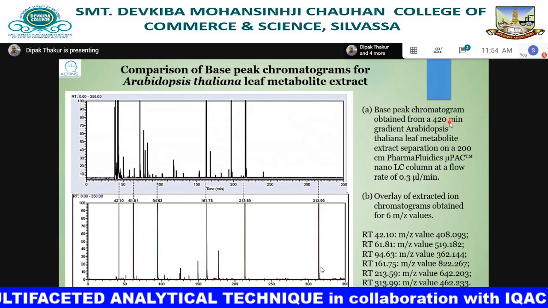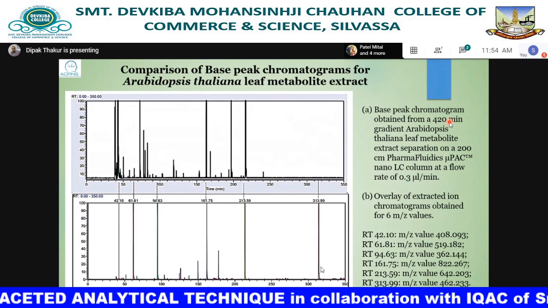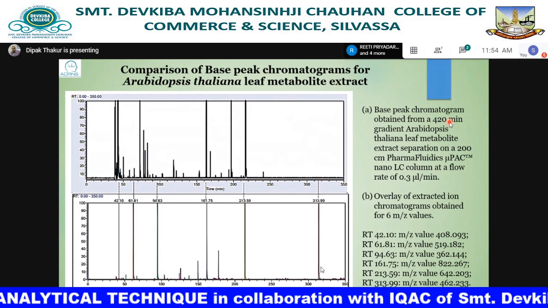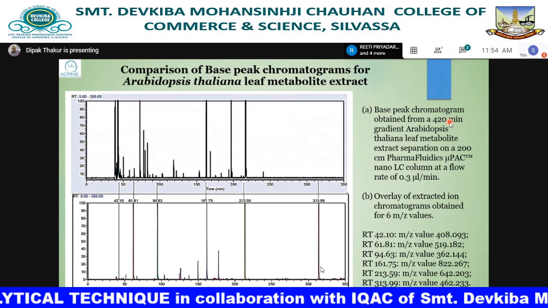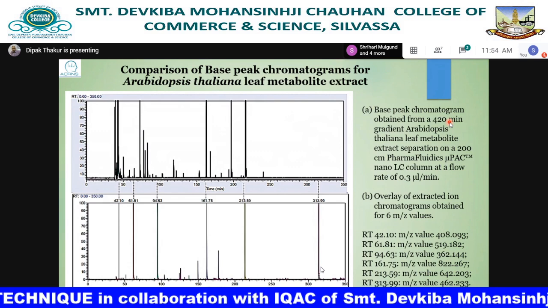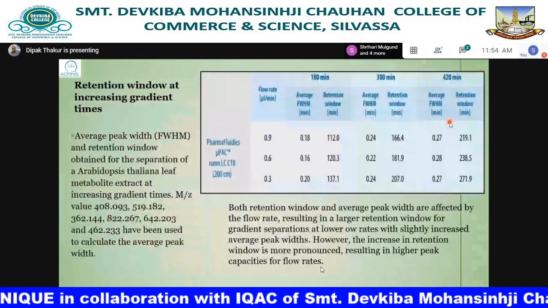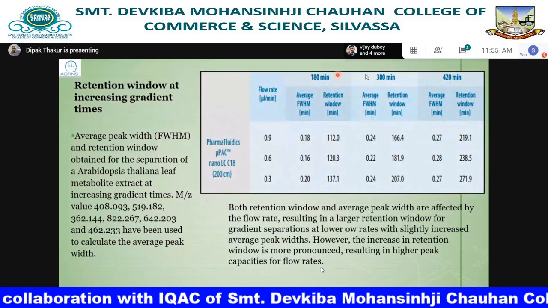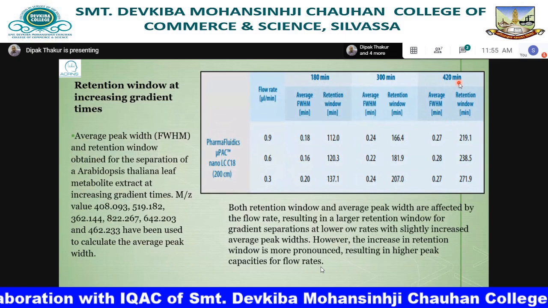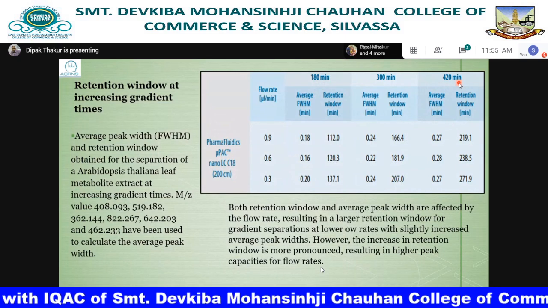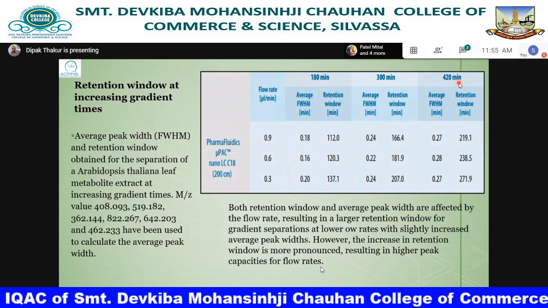So the benefit of higher run times is a further increase in the detection and identification of low abundant compounds. When you run for 180 minutes compared to 420 minutes, you'll be wondering what has happened to my width at half height.